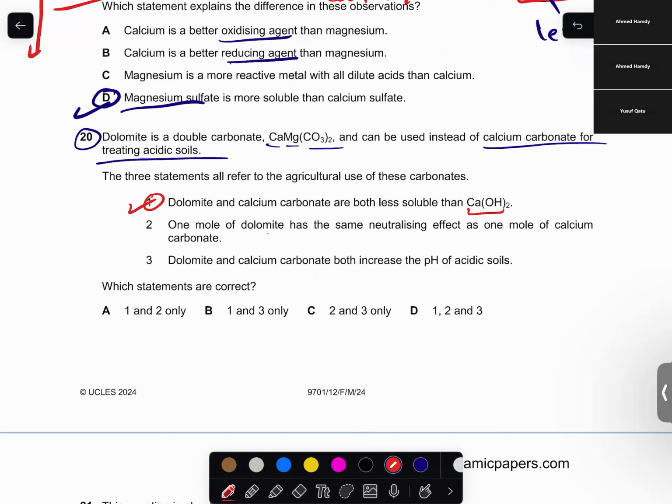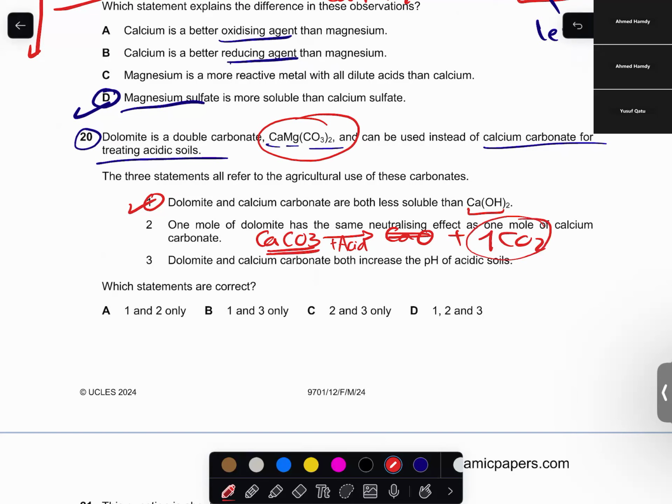Calcium carbonate, when it reacts with acid, produces carbon dioxide. And the dolomite, when we react it with acid, produces also carbon dioxide. So in the case of calcium carbonate, I have only 1 mole of carbon dioxide.